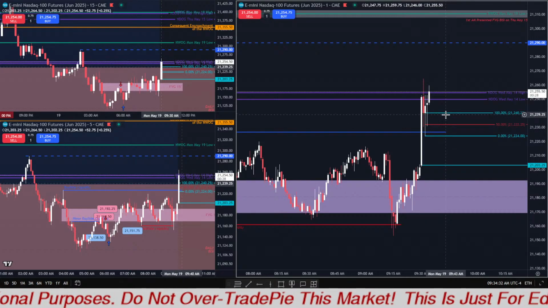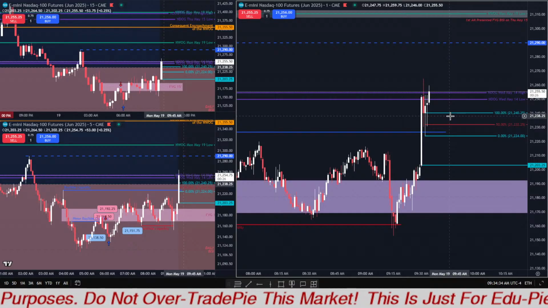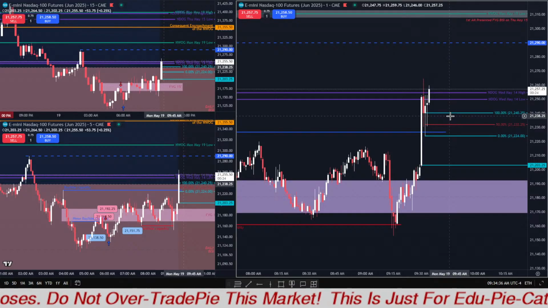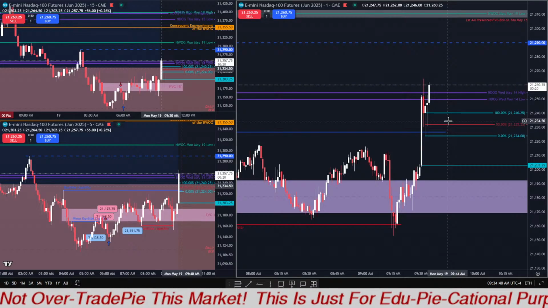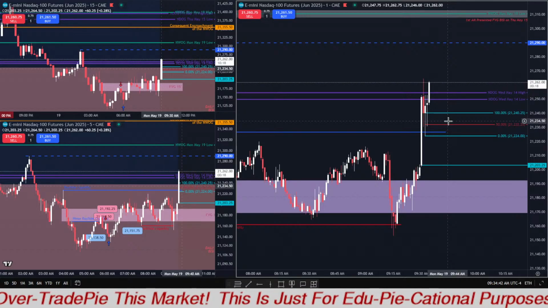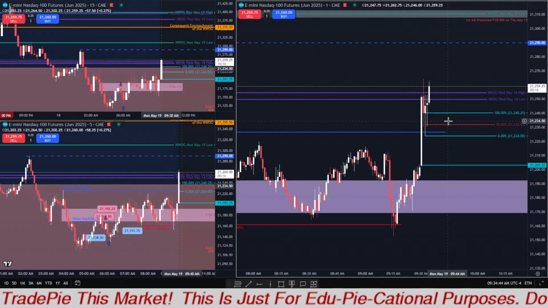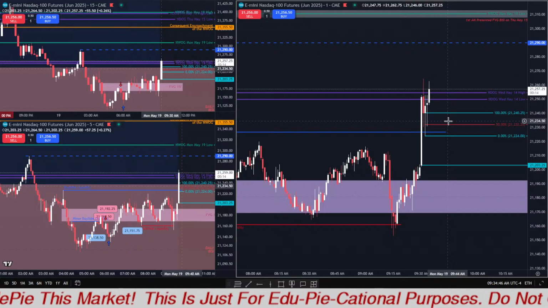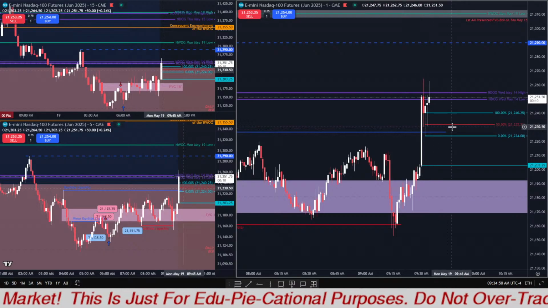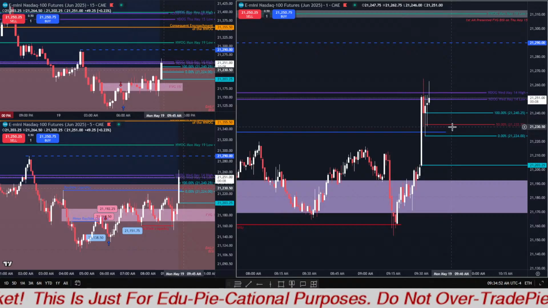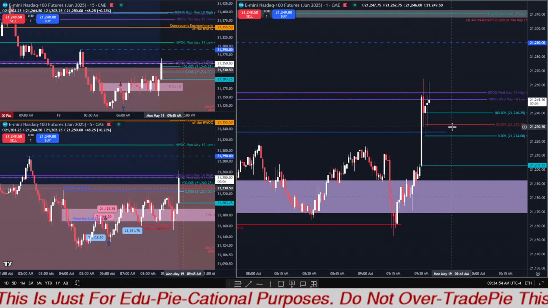It's a very nice reaction. We have around 20 handles run within 2 minutes. And we get back to the new day opening gap range.